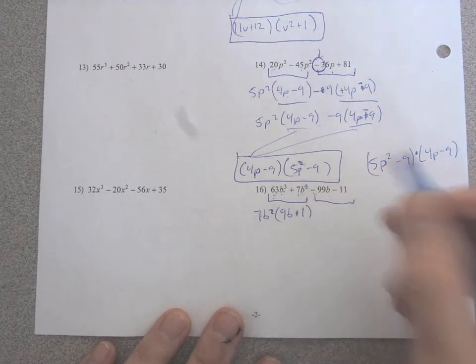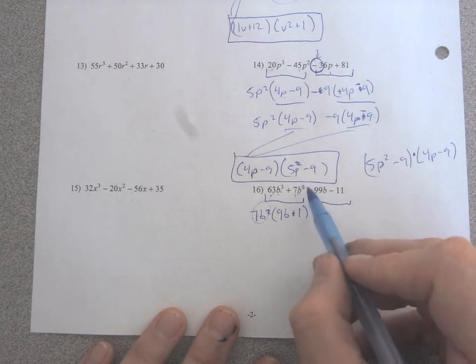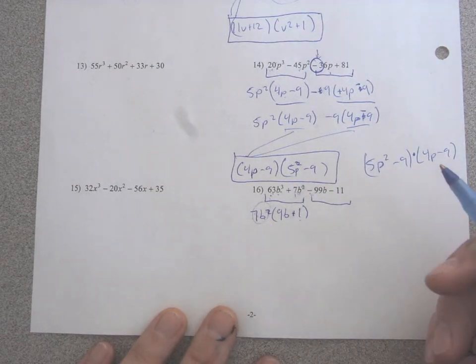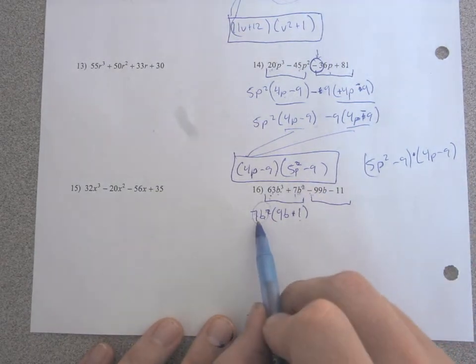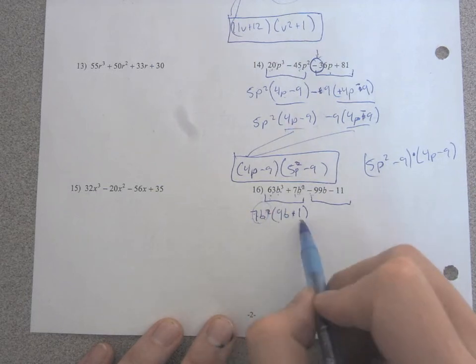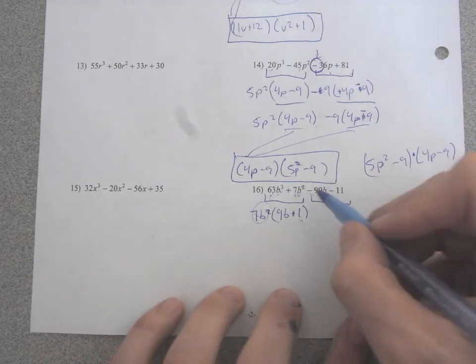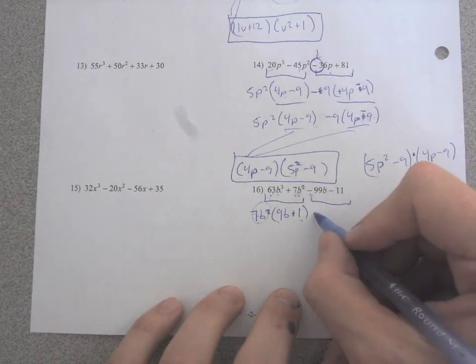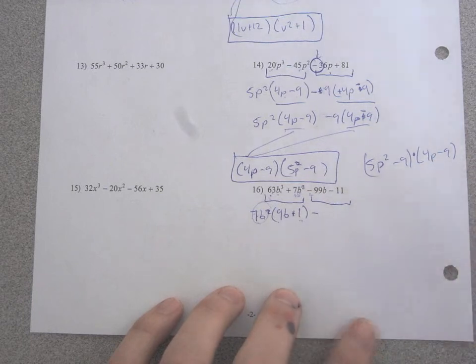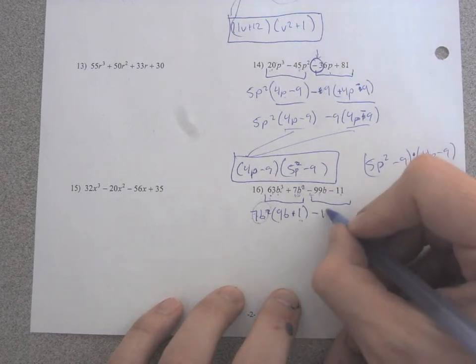And so sometimes that happens. If the common factor is one of your terms, when you undistribute, you're still going to have a 1 there. So just to check, 7b squared times 9b will be this one. 7b squared times 1 will be this one. So that works. Now this one is negative, and so I'm going to want to factor out a negative greatest common factor. And it looks like, 11 and 99, the common factor is going to be 11.